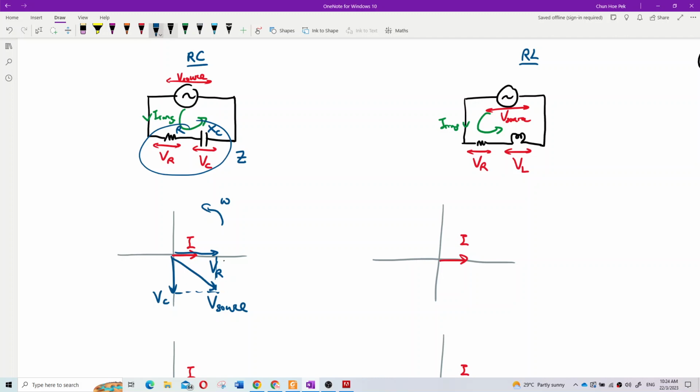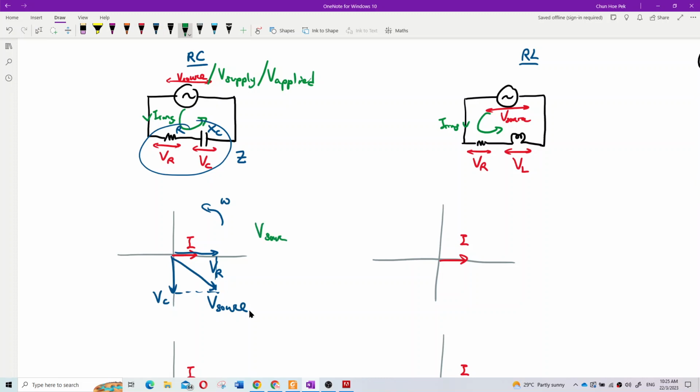Sometimes we write it as V supply or V applied, other names for voltage source. So we have VR, VC, and V source, this one. How to find the V source? Very simple. How?